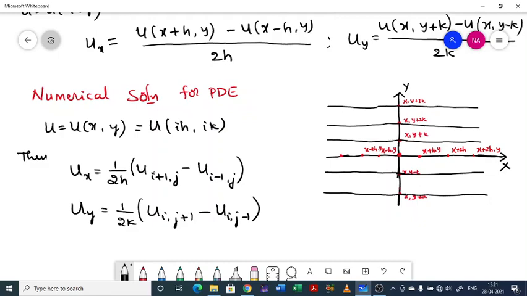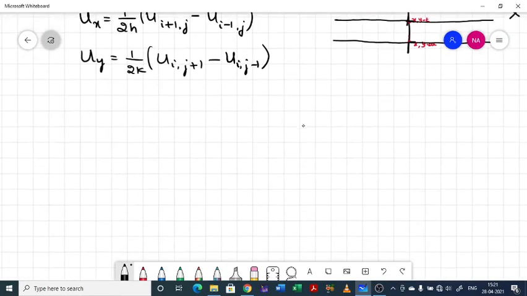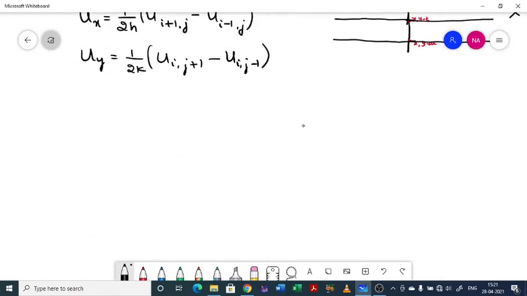So we have to divide the region into a grid, and by approximations find the second or higher order derivatives. We have here for ux and uy the first order derivatives. Similarly, you can get u double x, which is given by 1 by h square times u i minus 1 comma j minus 2 u i comma j plus u i plus 1 comma j.